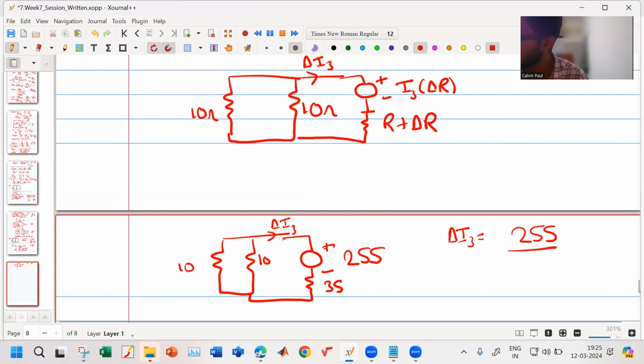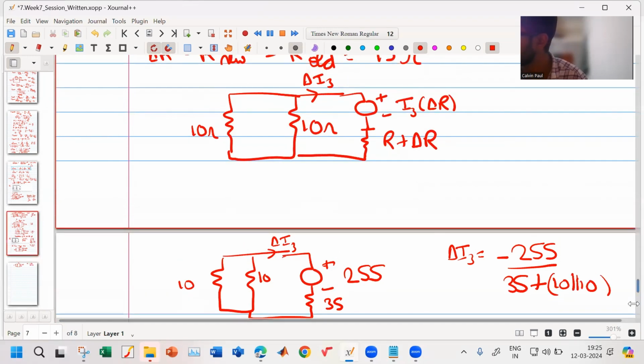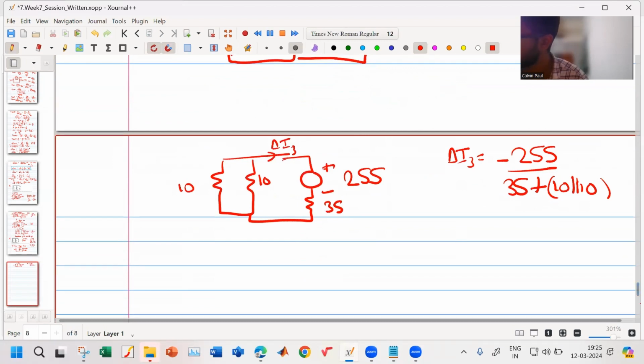So if this is the voltage source, my delta I3 will be negative. So this is minus 255 divided by 35 plus 10 parallel 10, that is 5 plus 10 parallel 10. See, my voltage source is giving some current Ix, which is equal to minus delta I3.